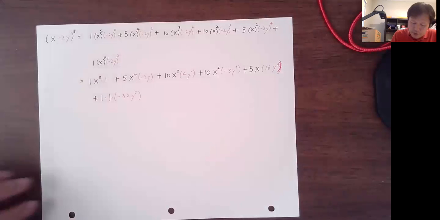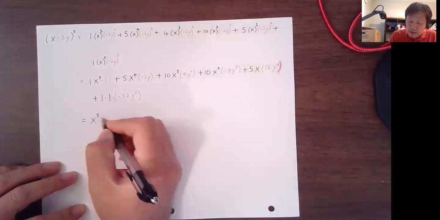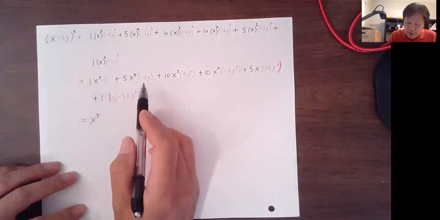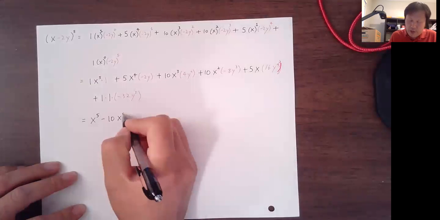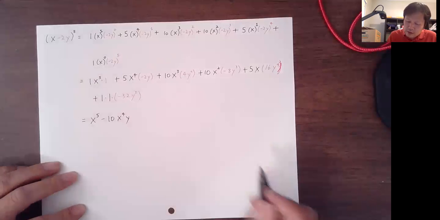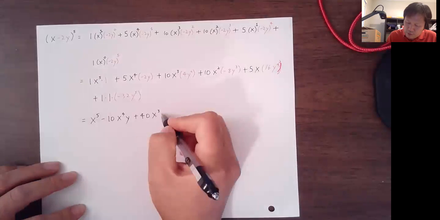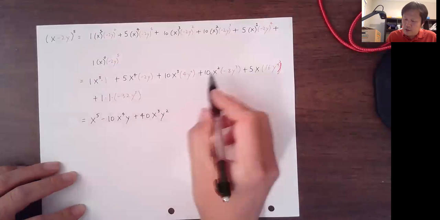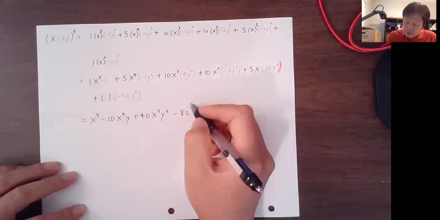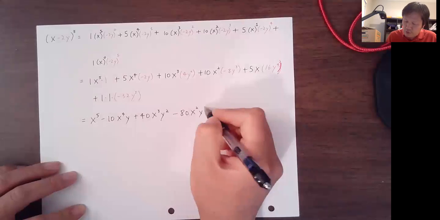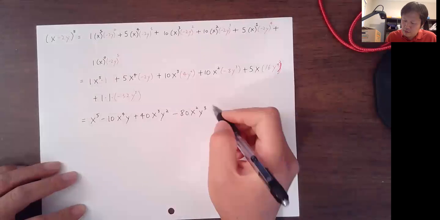You still have to multiply. 1 times 1 doesn't do much. Minus 2 times 5 is minus 10 x to the 4th y. Okay, 10 times 4 is 40 x to the 3rd y second power. 10 times minus 8, minus 80 x squared y to the 3rd. 5 times 16, 80.